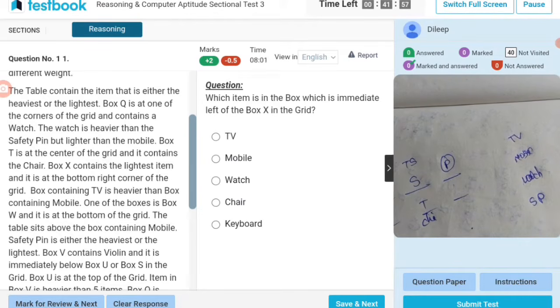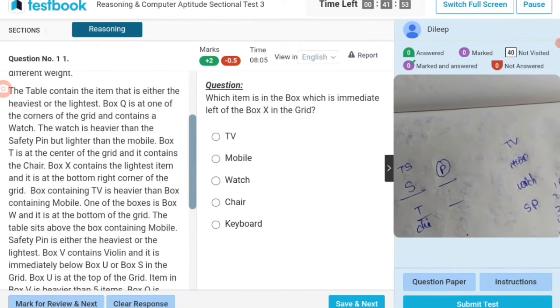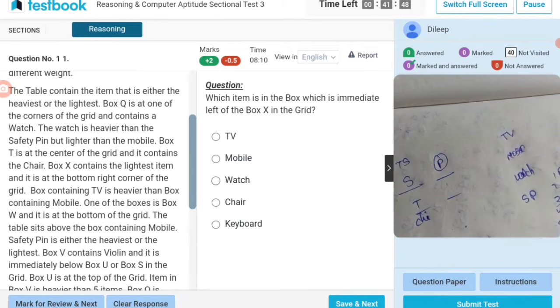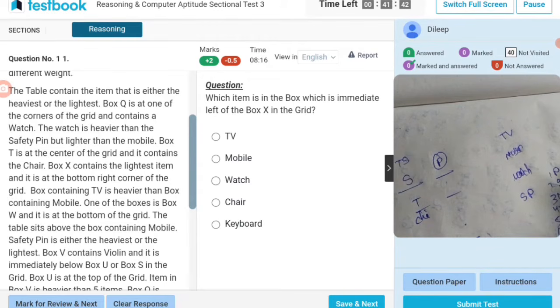The table contains the item that is either heaviest or lightest. Table, and this is one of the corners of the grid, contains a watch. X contains the lightest item, bottom right corner.